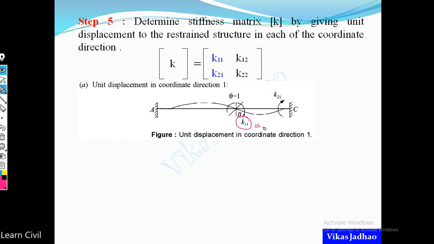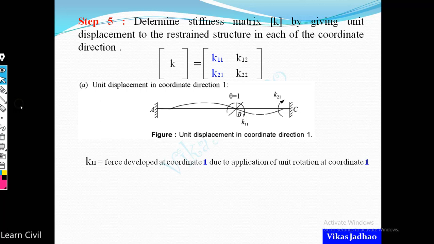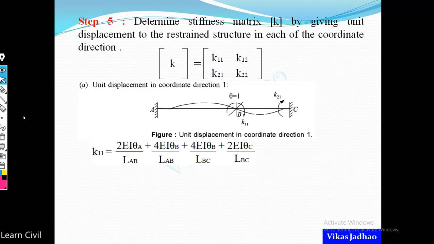It is the force developed at coordinate number 1 due to application of unit rotation at coordinate number 1. So this K11 will be given by this equation, that is stiffness of BA plus stiffness of BC. Here we know that support A and support C are fixed, therefore these two terms will be cancelled.